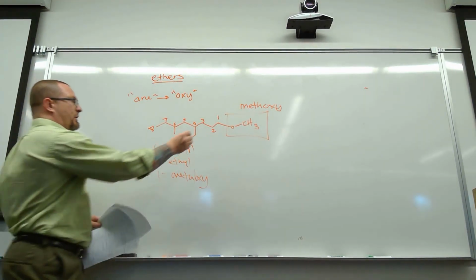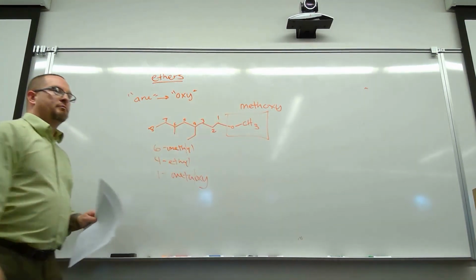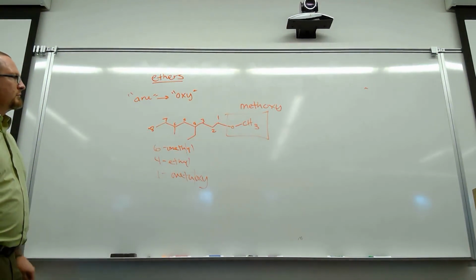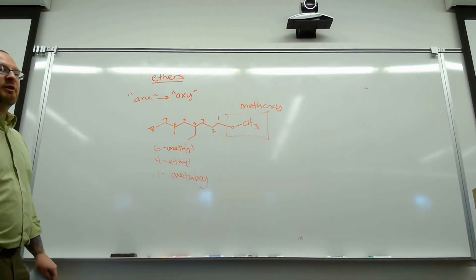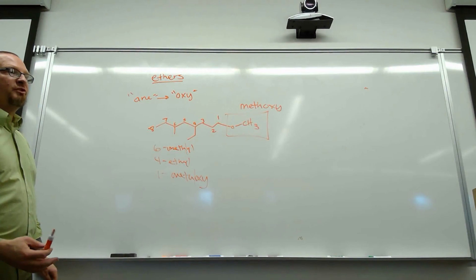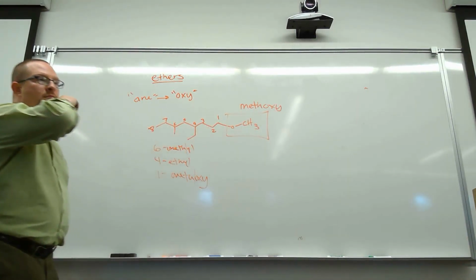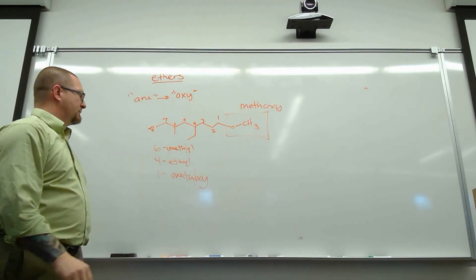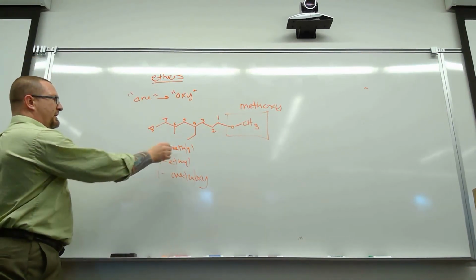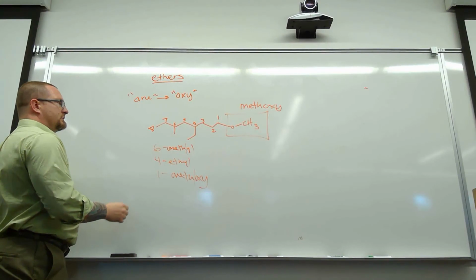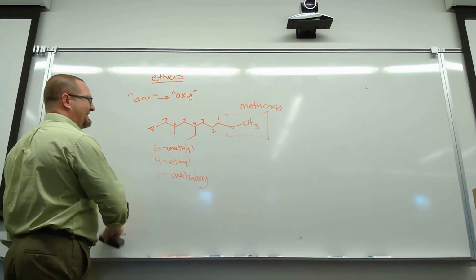Because it's on the 1 carbon, but it's on the other side of the oxygen. The oxygen's not part of the parent chain. This is a substituent modifying a parent chain. Sorry, it was 4-ethyl, 1-methoxy, 6-methyl octane.